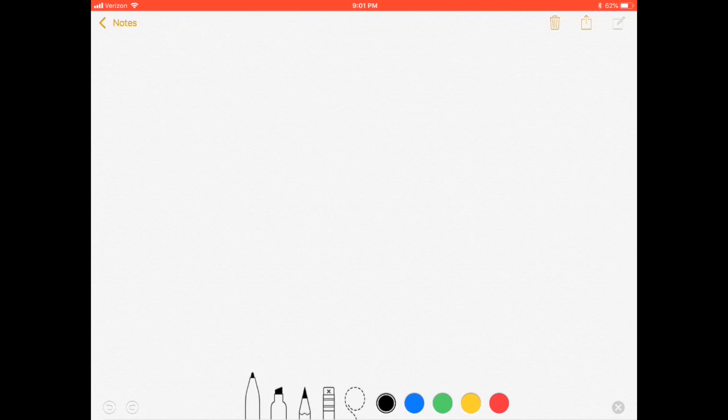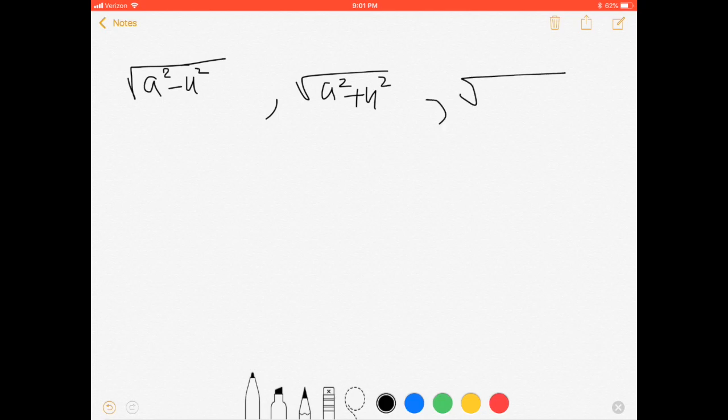Okay, let's go. Three possible situations. One is you have square root of a square minus u square. Second, you have inside the integral square root of a square plus u square. And last one, you have inside the integral u square minus a square.